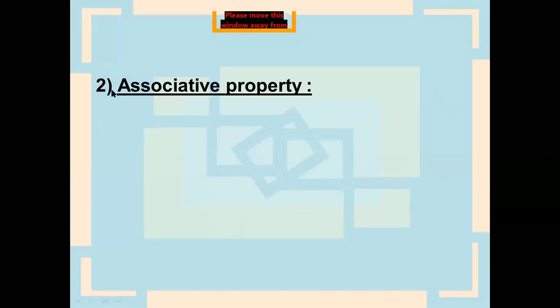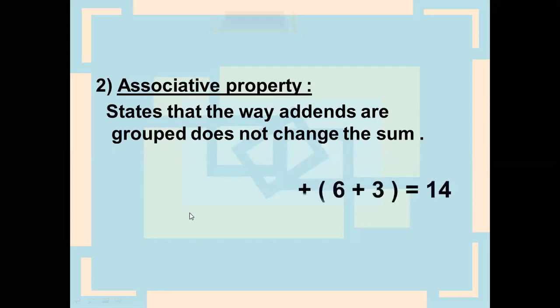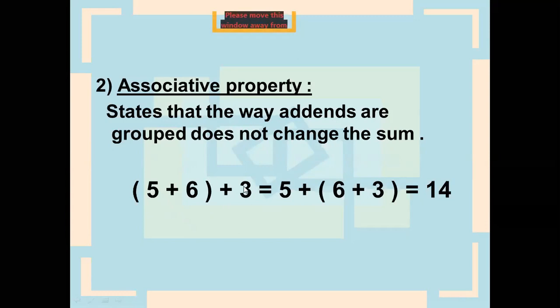Associative property. It means if we change the grouping of the addends, the result also will be the same. We use it when we have three numbers we want to add. We must add two first and then add the result to the third number. 5 plus 6 plus 3. We start with 5 plus 6 first. 5 plus 6 equals 11.